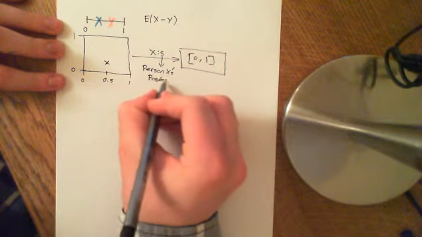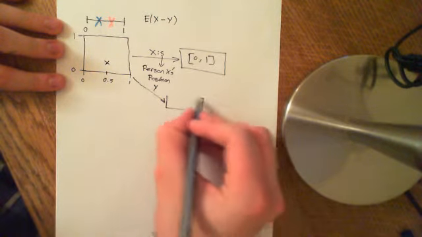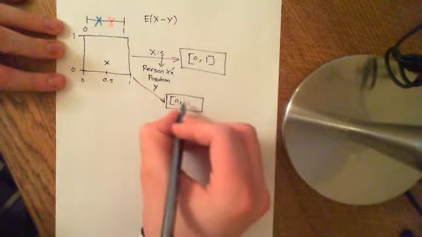Then we've got another random variable Y, which maps onto the interval 0, 1 again, and ascribes to every point the value that person Y chose. So this point here, 0.5, 0.25, X maps onto 0.5 because that was the value person X chose, and Y maps it onto 0.25 because that was the value person Y chose.